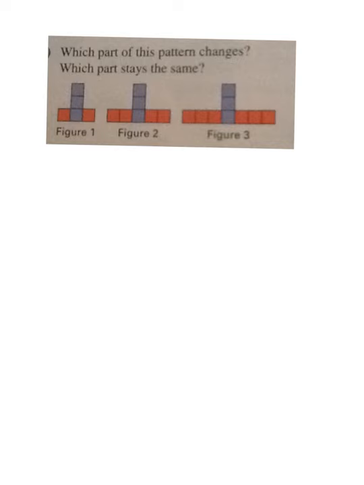So this is the question that I want you to answer. Yes, I want you to answer which part changes and what stays the same, but also I want you to create the algebraic expression. For example, is it 4n plus 1 or 5n plus 3 or what have you?